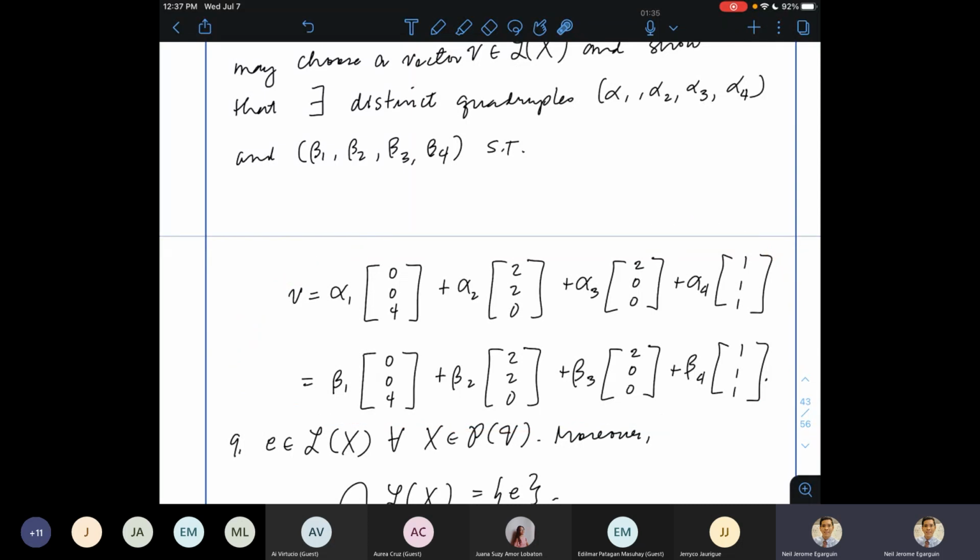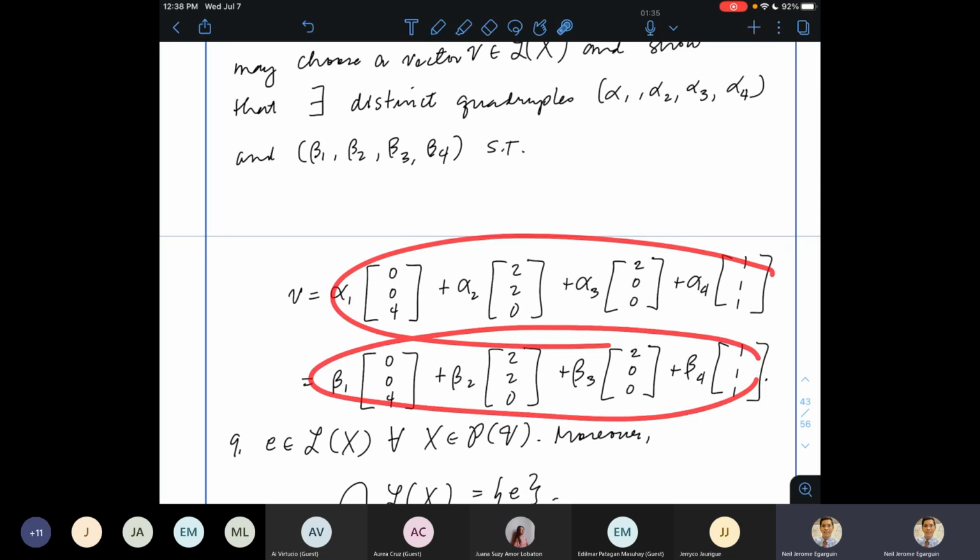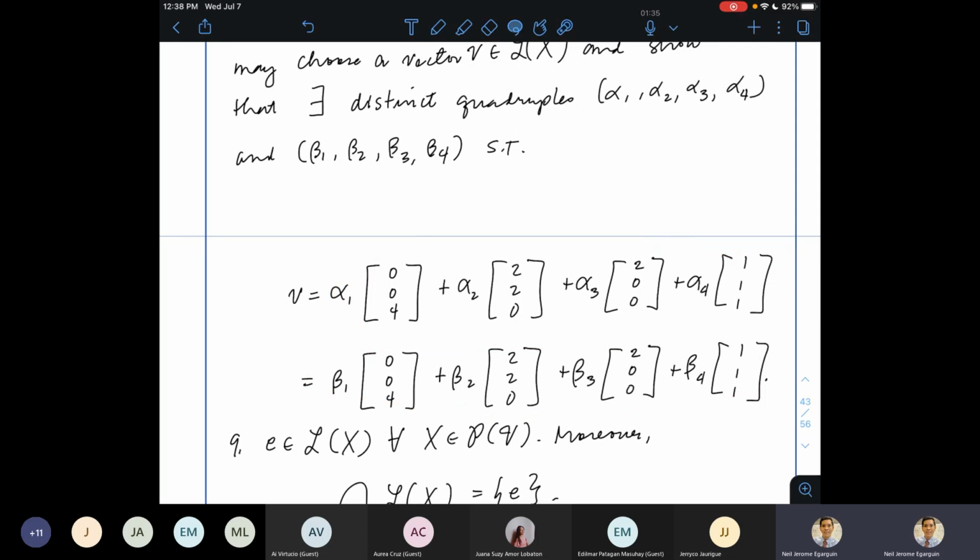This is one way to show that the representation is not unique: you construct those representations, all right? So the thing here is, can we find a vector V in R3 such that it can be written in two ways like this, right? So maybe let's try to solve that and play with this one.